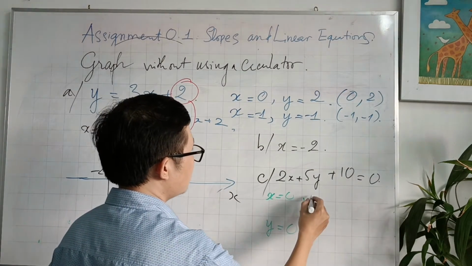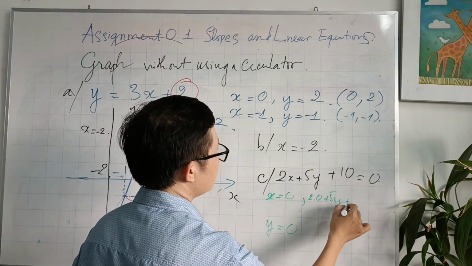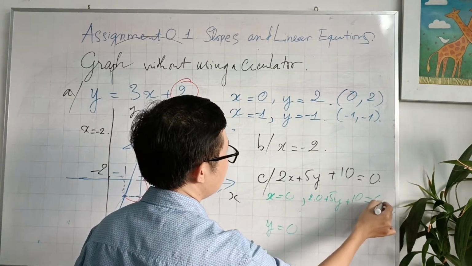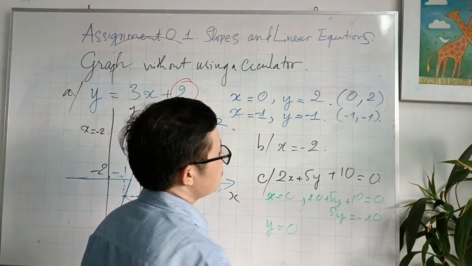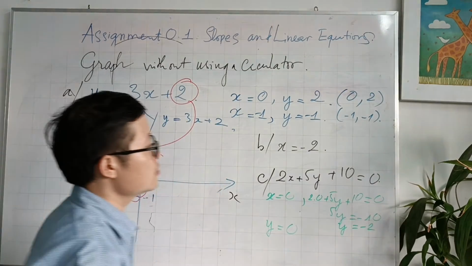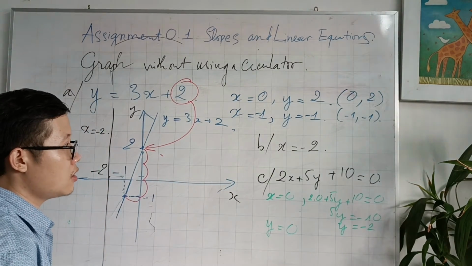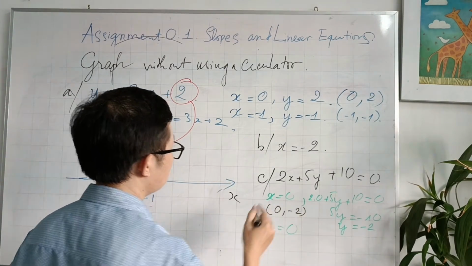You have 2 times 0 plus 5y plus 10 equals 0. So 5y equals negative 10, so y equals negative 2. So the first point is (0, -2).